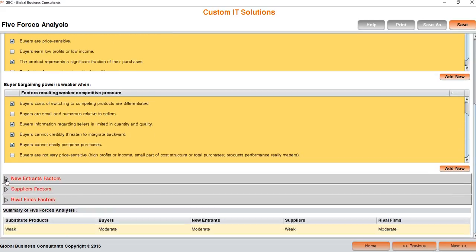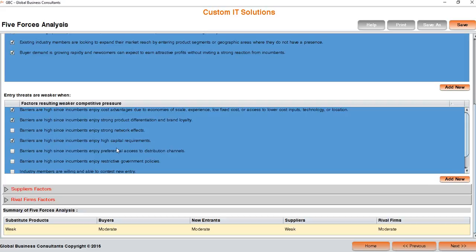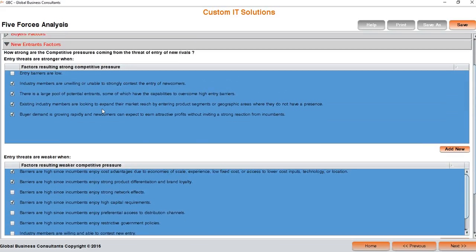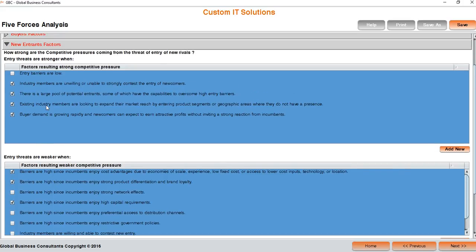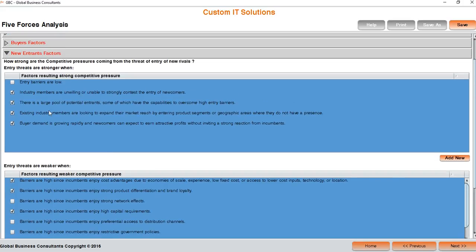Next, I'm going to look at new entrant factors. Again, this is what are the threats from new people entering our market. I've already selected the factors that I thought were relevant. Generally, you can go into a university, get a university degree in software engineering, and you're pretty much good to go as a freelance custom IT developer of software.